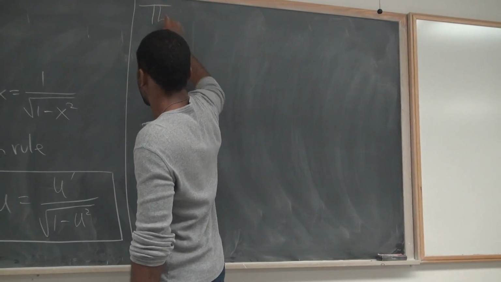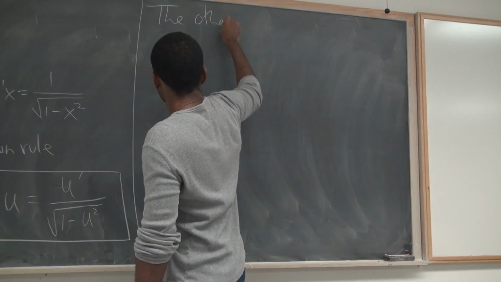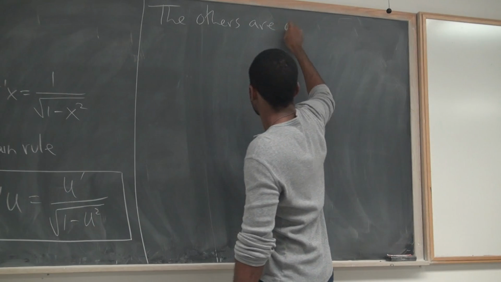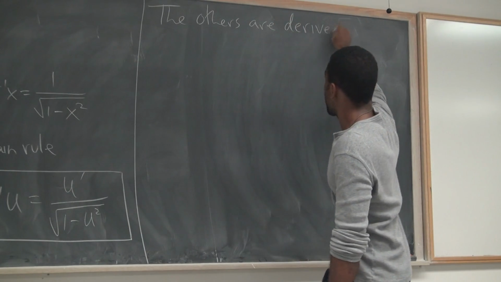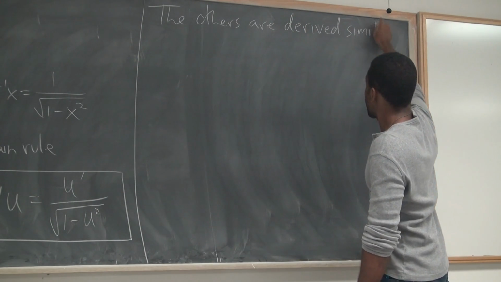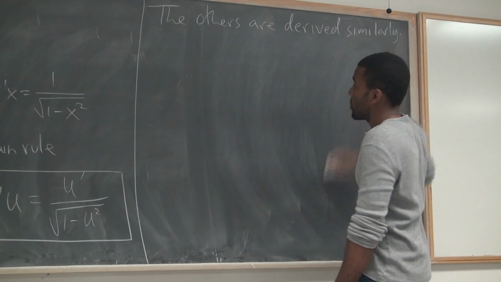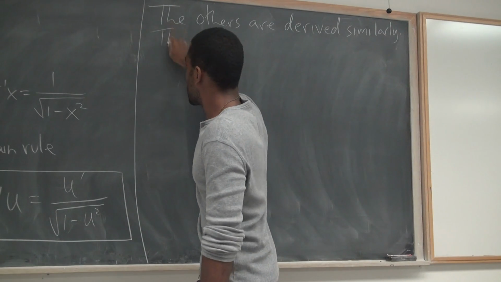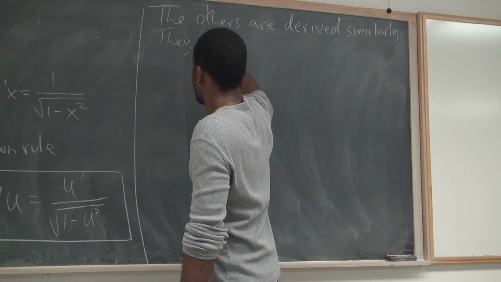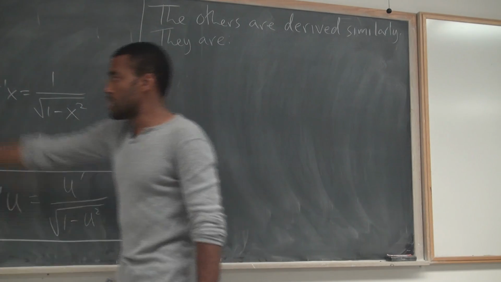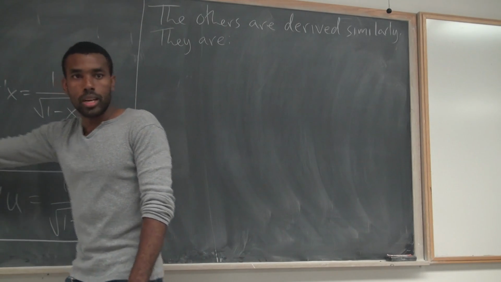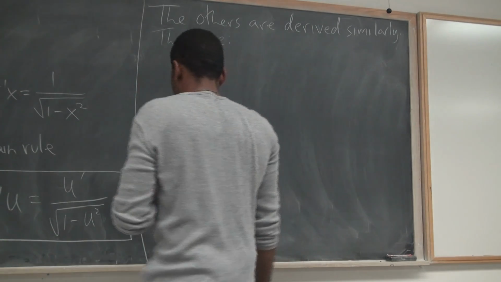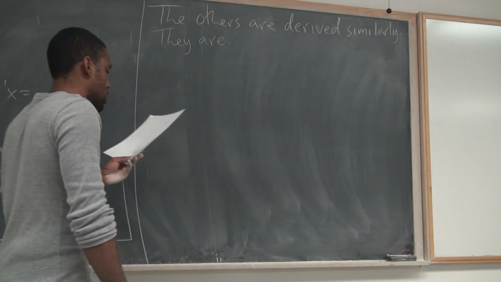The others are derived similarly. I did this in far more detail in a previous class, so you can look back in your notes if you want to see the detailed derivation.